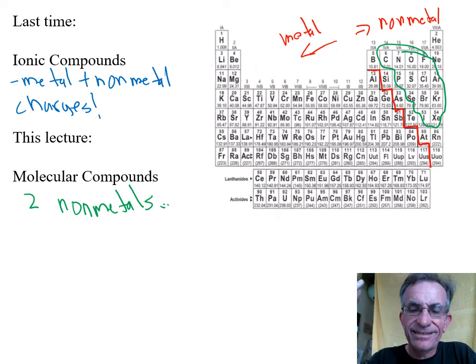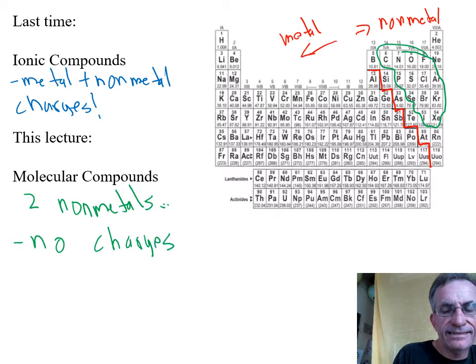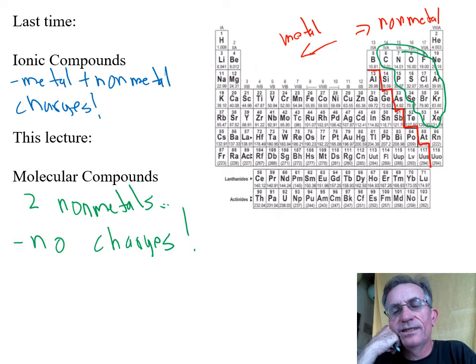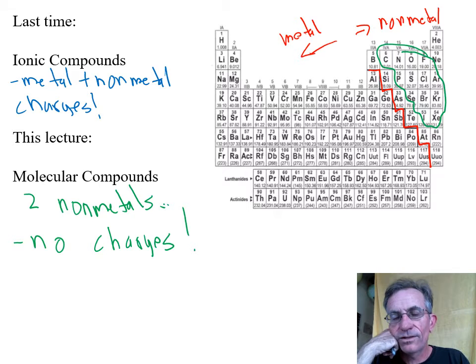Now, the other thing that's going to be true is that there are no charges involved. Do you remember how last time I kept saying, this guy's +1, that guy's -1, you got to balance out your +2s and your -3s and all that stuff? That's not going on in molecular. Molecular are a whole different thing.